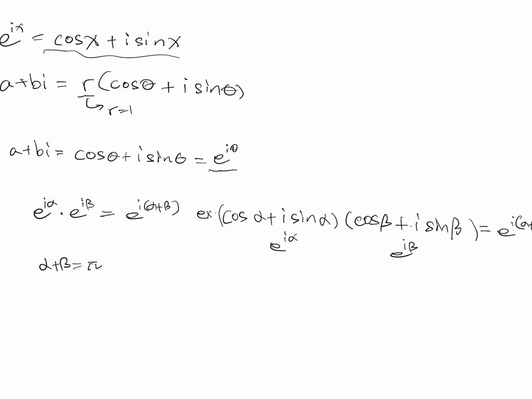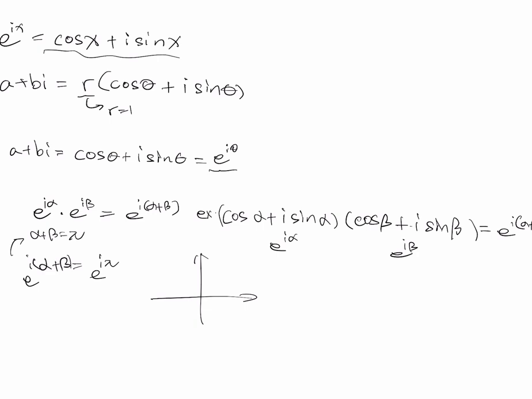However, what if alpha plus beta equals pi? Okay, you probably cannot visualize this, so let's draw a diagram. Let's say this equals e to the power of i pi. So in this case, alpha plus beta equals pi.